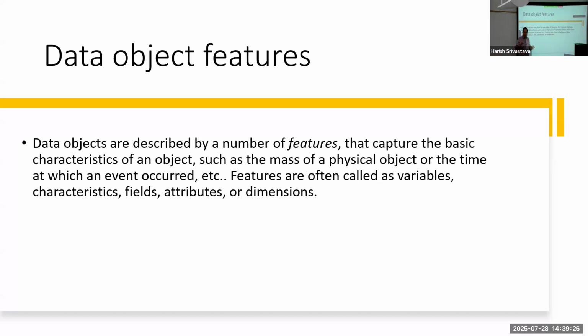If a column is defined as gender, it has the values male and female. If a feature is defined as years of experience, it can range from 0 to 100, so it can have 100 different values within that variable.